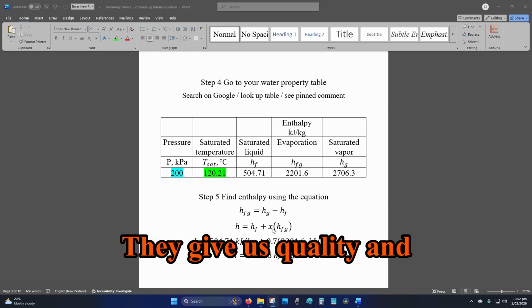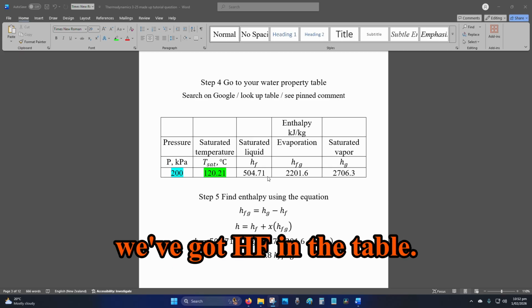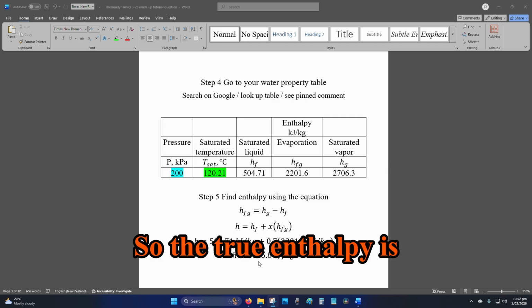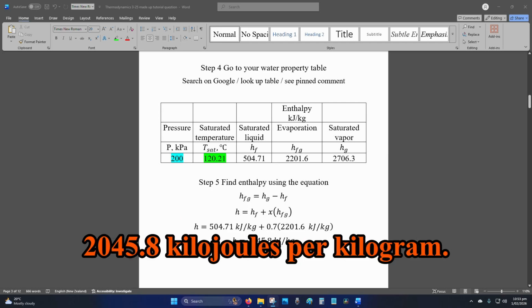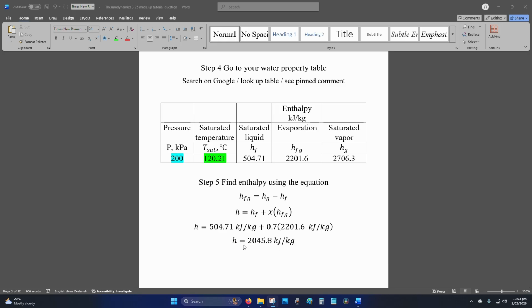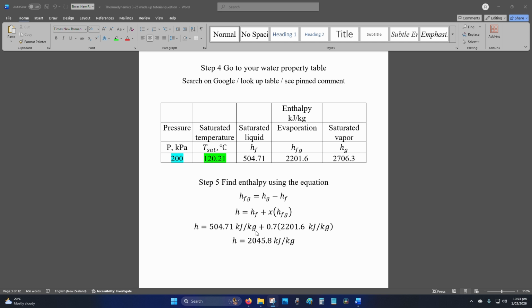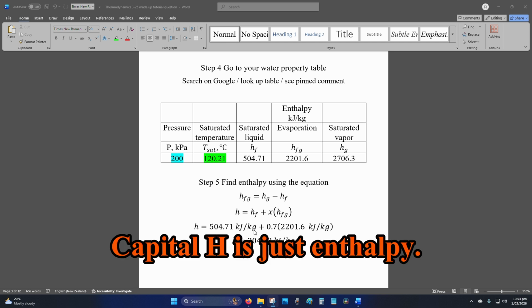They give us quality, and we've got hf in the table. So the true enthalpy is 2045.8 kilojoules per kilogram. So little h is specific enthalpy. Capital H is just enthalpy.